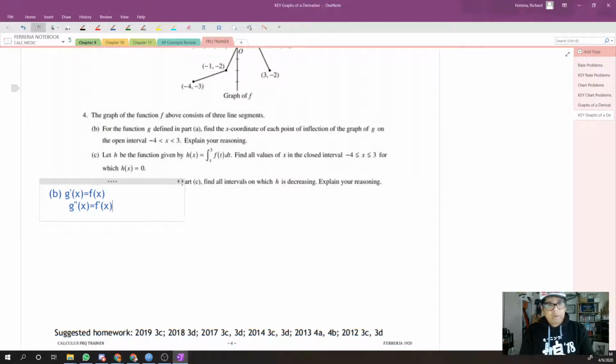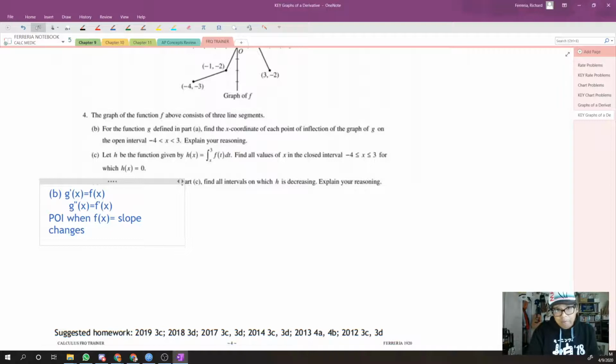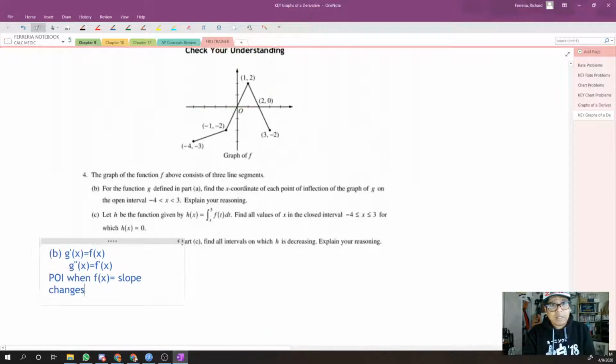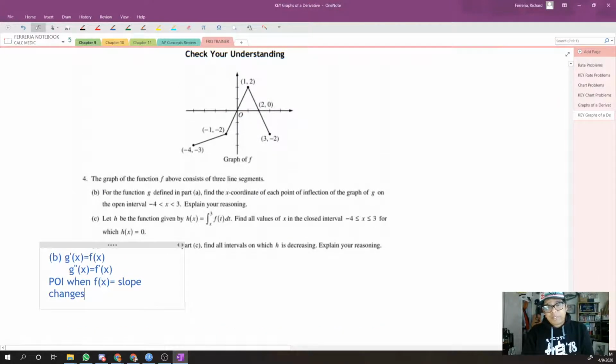If g prime is f, that means that g double prime is f prime. And like we did earlier, since f prime is the slope of the f curve, we'll have a point of inflection whenever the slope changes. Let's take a look at this curve. Is there any place where the slope changes either from positive to negative or from negative to positive? If you're looking at that relative maximum at (1, 2), you're correct.